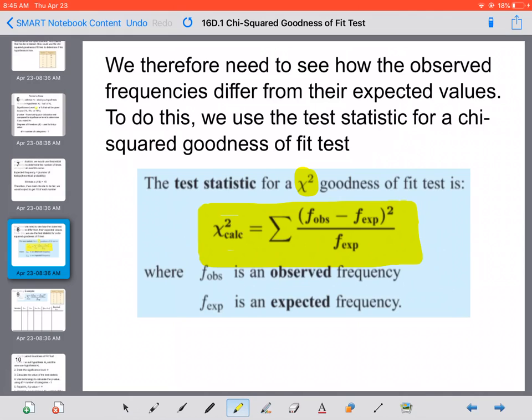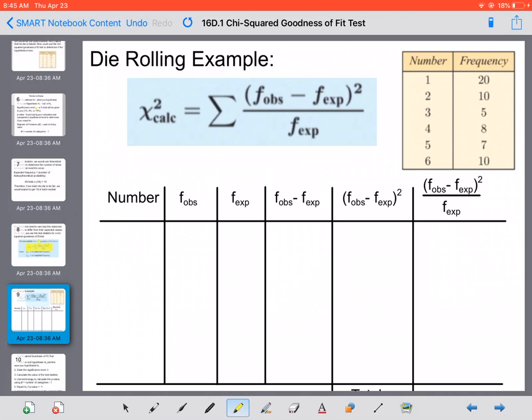Okay, so let's walk through how we're going to do this with our example of the rolling of the die. I'm just going to show it a little bit by hand, but we're not going to fill this whole table out. We have the numbers 1, 2, 3, 4, 5, and 6, which are the numbers on the die.